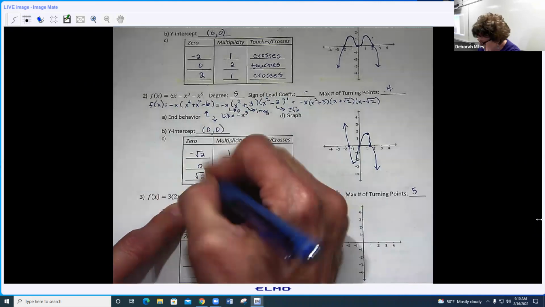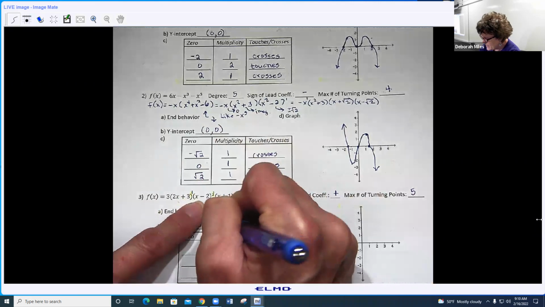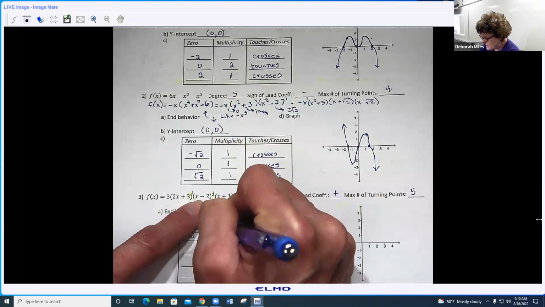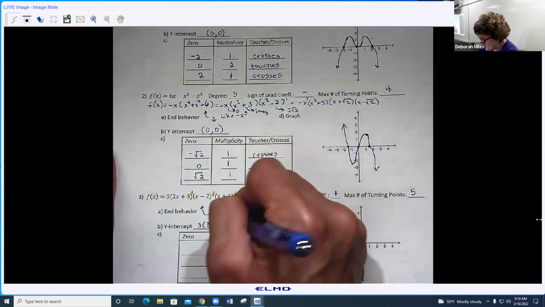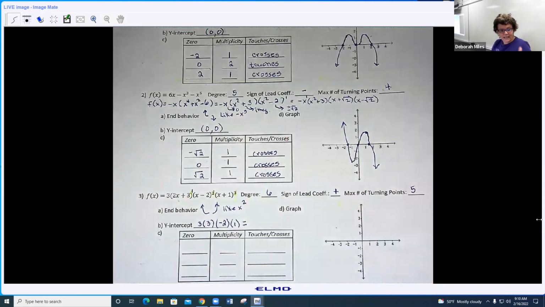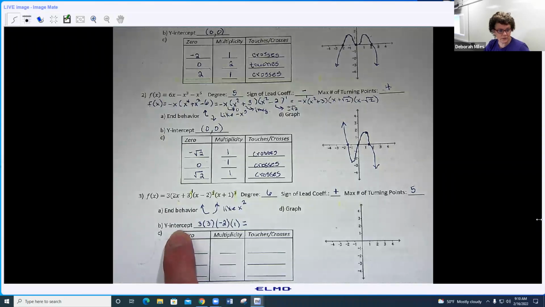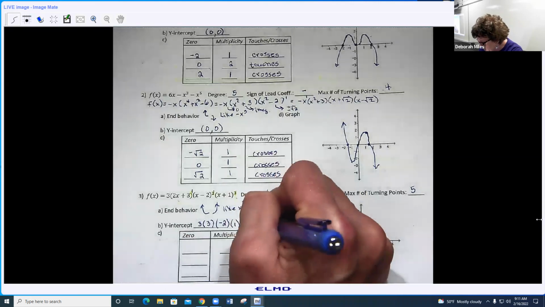If I let x be 0, I'd just get 3. Next factor, I'd get -2. Next factor, I'd get 1. Again, I wasn't setting the factors equal to 0. I was letting x be 0 because I'm looking for the y-intercept. And it turns out the y-intercept here is -18.